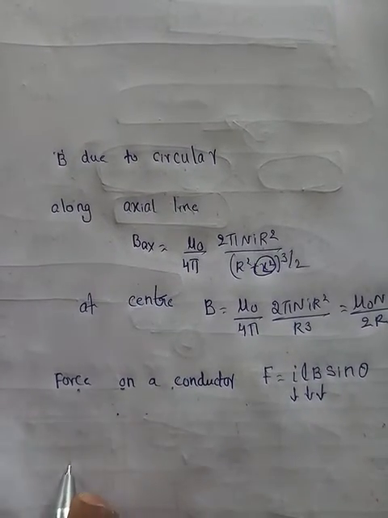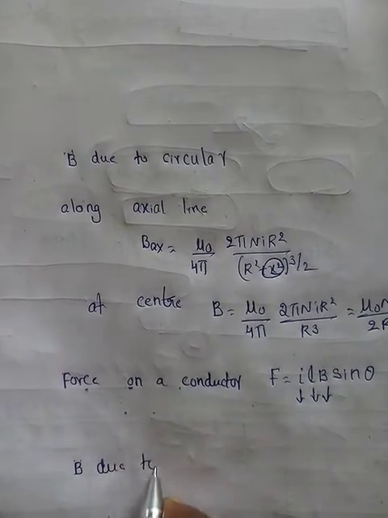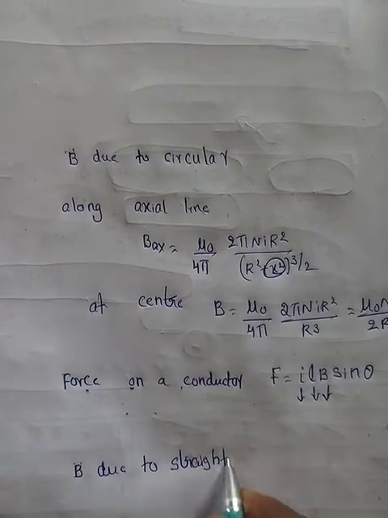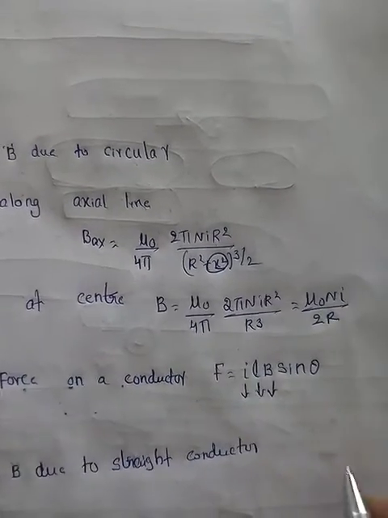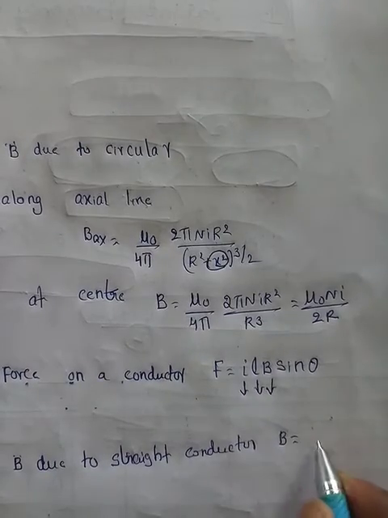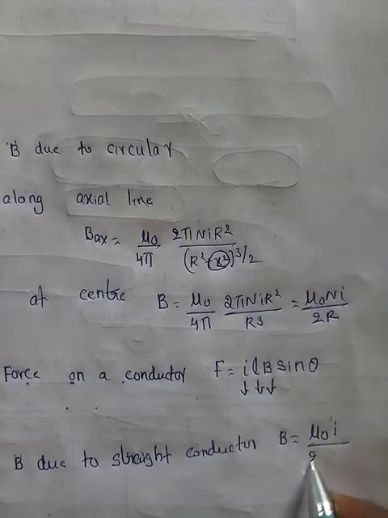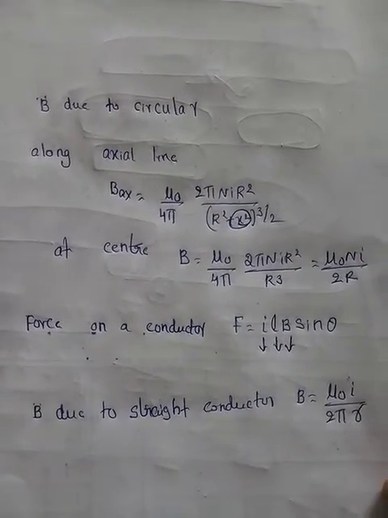Next one, magnetic field due to a circular loop we know. Now due to a straight conductor, what is that formula? B is equal to mu naught I by 2 pi r.